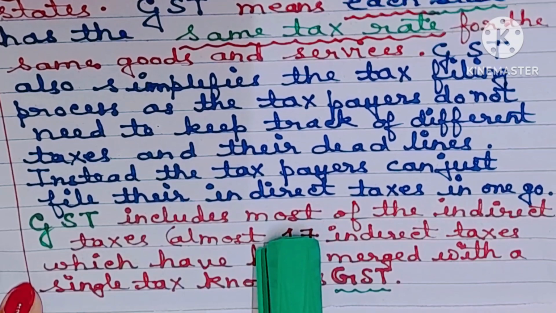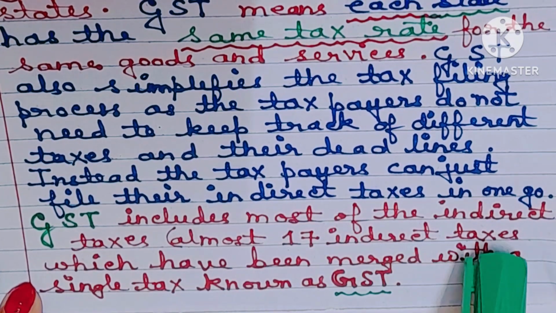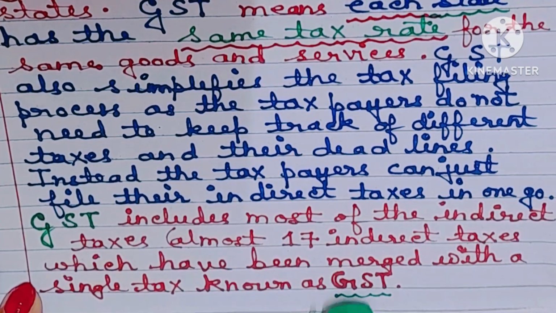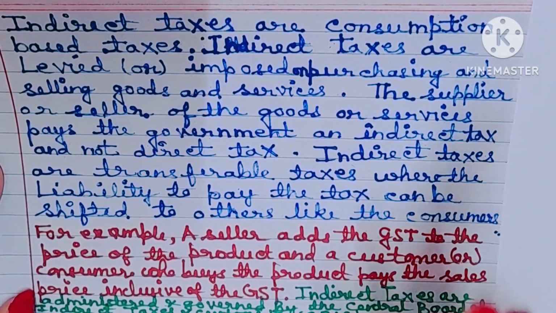GST includes most of the indirect taxes, almost 17 indirect taxes which have been merged with a single tax known as GST. Now what is indirect tax? Please remember, GST is an indirect tax and not a direct tax.